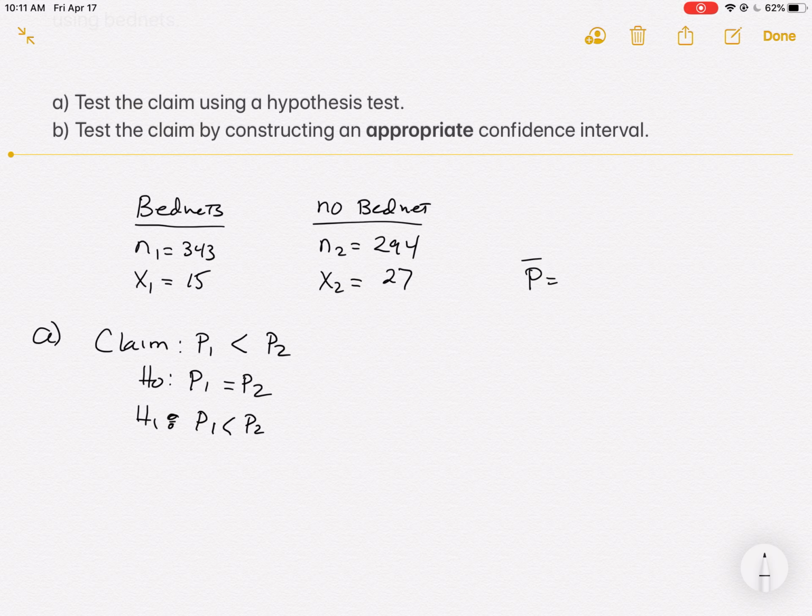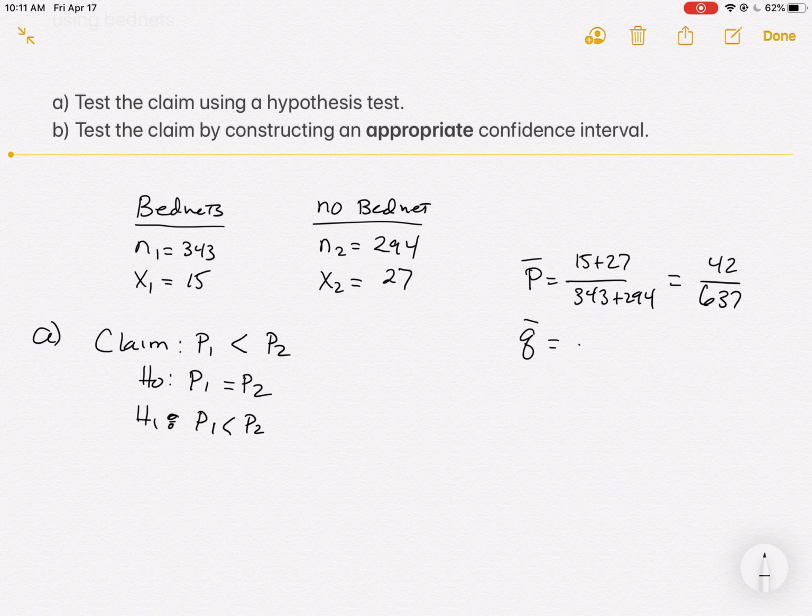P bar would be the 15 plus the 27, all divided by the 343 plus 294. So we got 15 plus 27 yielding 42 incidences of malaria in all their study. And they looked at how many kids? They looked at 637 kids. So if I take the 42 and divide by 637, I get P bar. So what's Q bar?